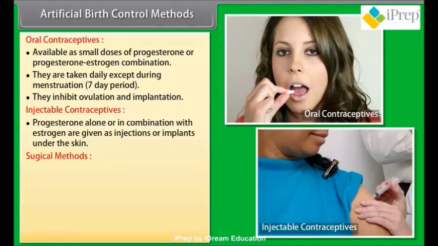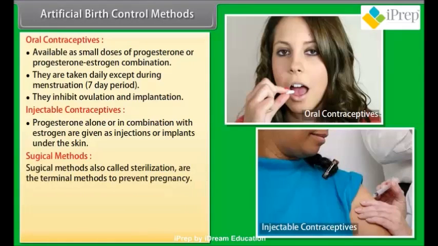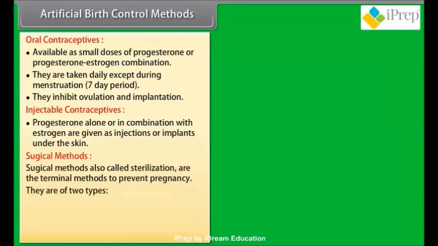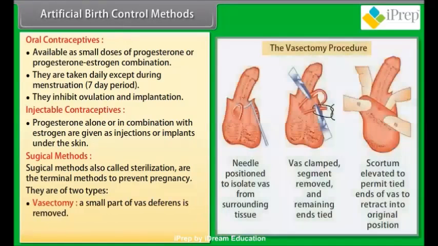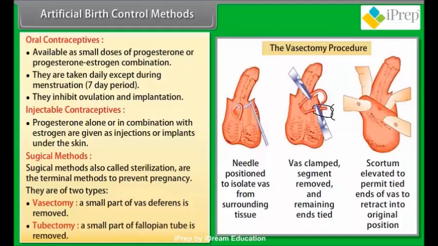Surgical methods. Surgical methods, also called sterilization, are the terminal methods to prevent pregnancy. There are two types. Vasectomy. A small part of vas deferens is removed. Tubectomy. A small part of fallopian tube is removed.